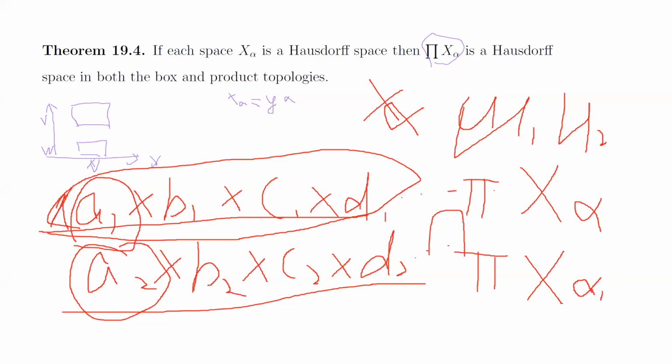I don't know. Yeah, or just write this X alpha and change it into U alpha, and then you have a better form, because it's an open set, right? You don't need to write X alpha. You just need to write it in the basis form.